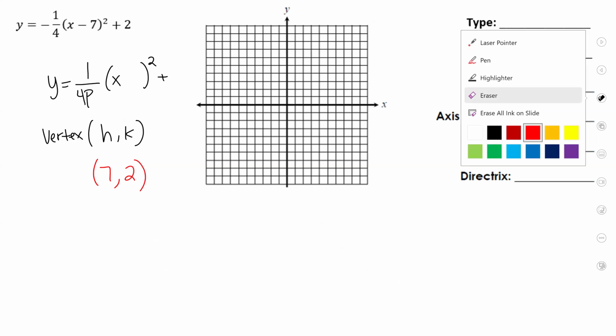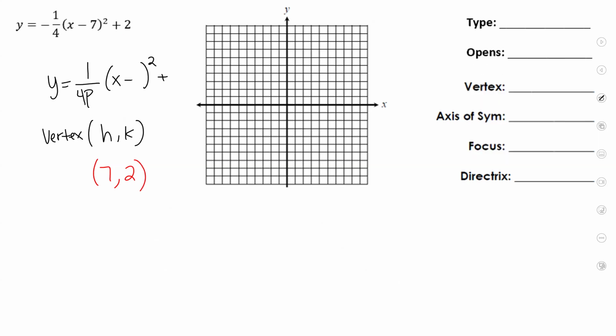Now let's talk about the direction that it's opening in. So this is my vertex. Because this is a negative and this is a y value, because this is the equation y equals, I know it's going to open down.